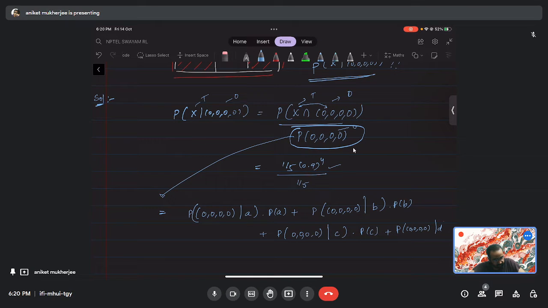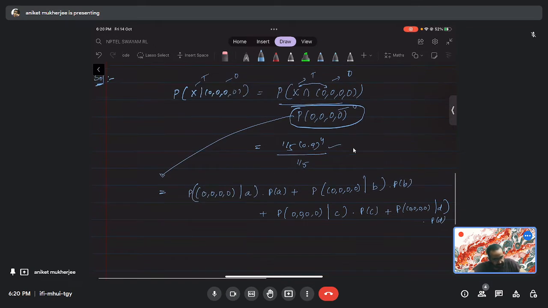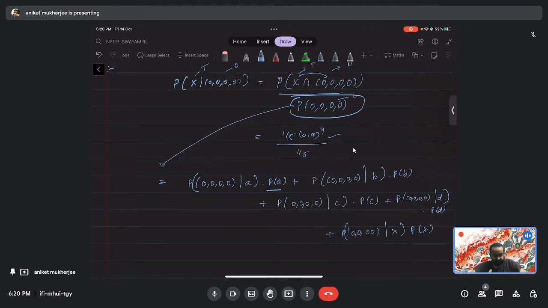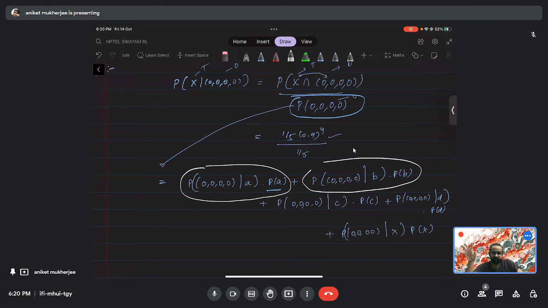plus probability of 0, 0, 0, 0 given I have landed at X into probability of X. See, if it lands at A, it can't land at B. So this term tells you with what probability I get 0, 0, 0, 0 as an observation if it lands at A. This tells you with what probability I get 0, 0, 0, 0 if it lands at B. This tells you with what probability I get 0, 0, 0, 0 if it lands at C. You have done all cases.